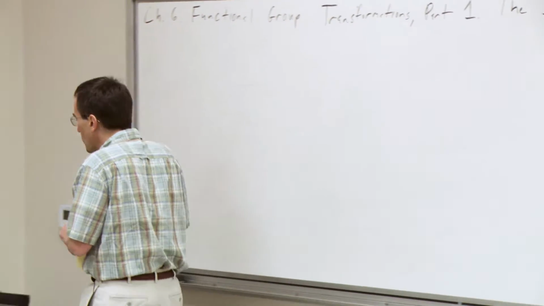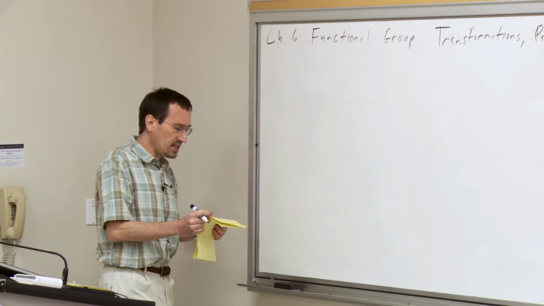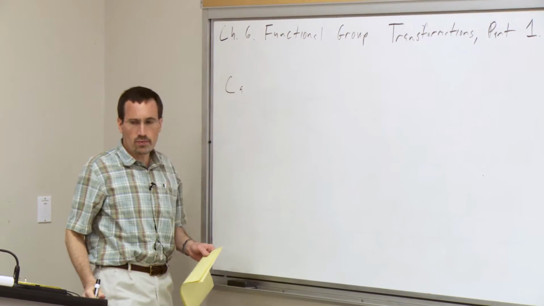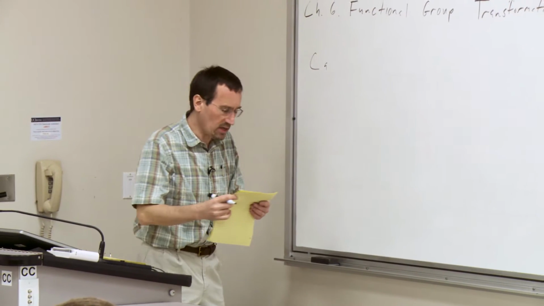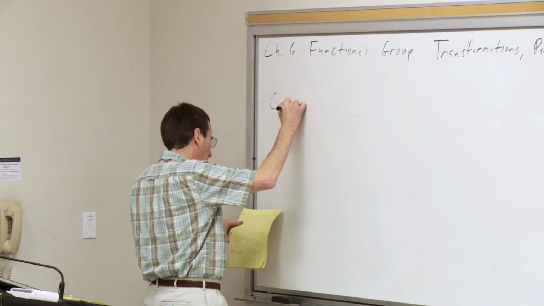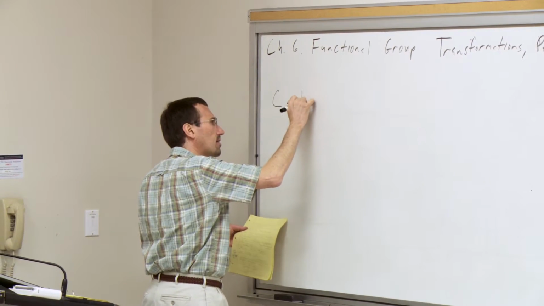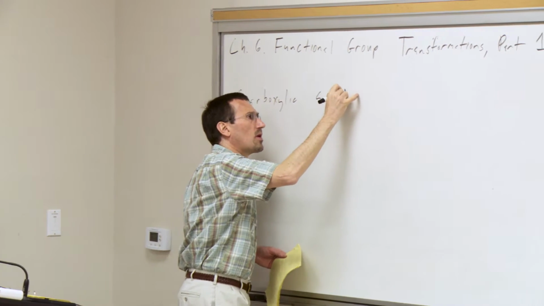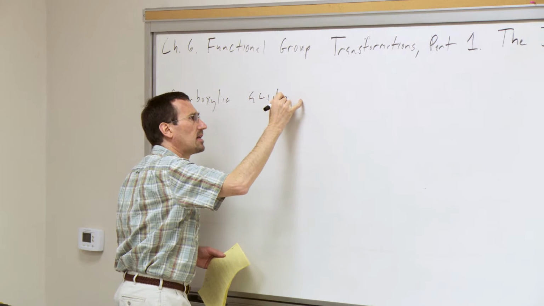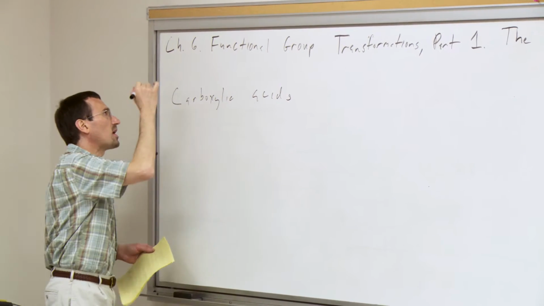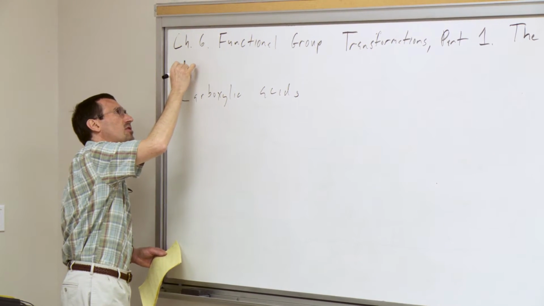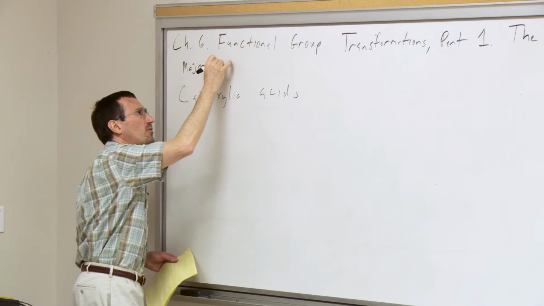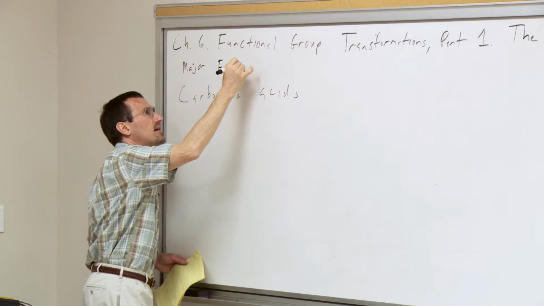Moving from high oxidation state to low oxidation state, we'll start with carboxylic acids, and we can go all the way down to alkanes. Obviously there are zillions of functional groups, but what I'd talk about is our major functional group classes.